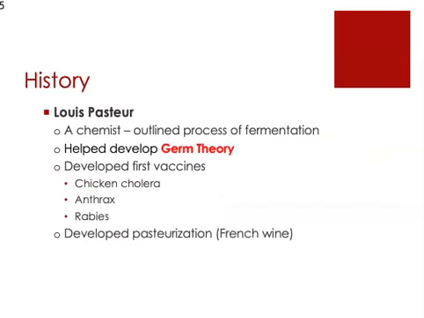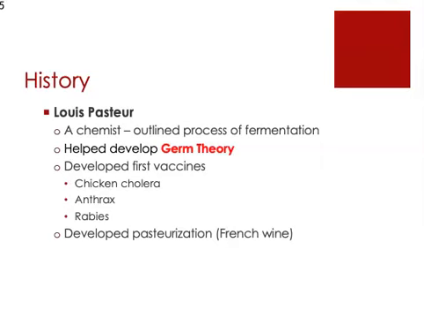And of course, Louis Pasteur contributed more to the field of microbiology than his contributions to germ theory. He was a chemist. He helped outline the chemical processes of fermentation by microbes.